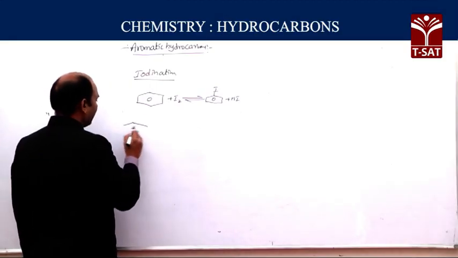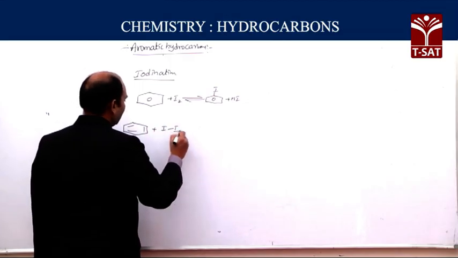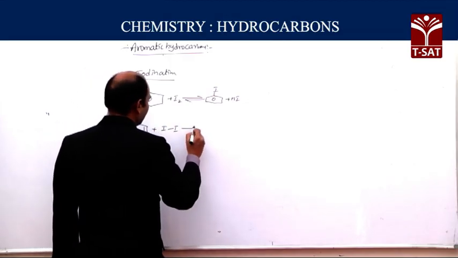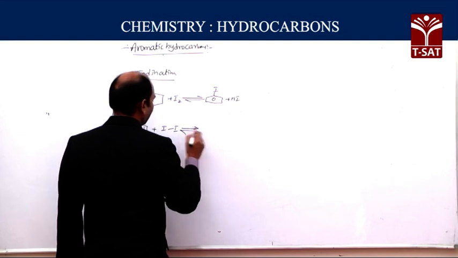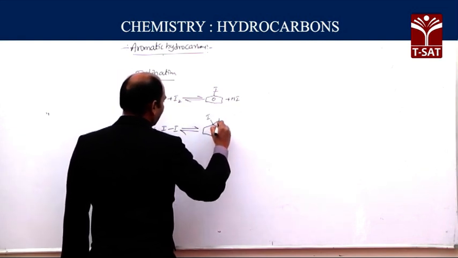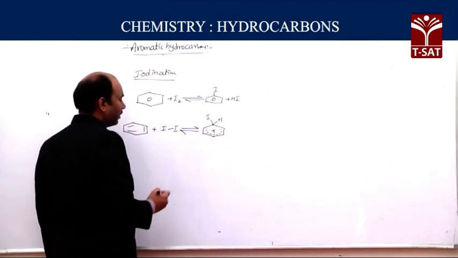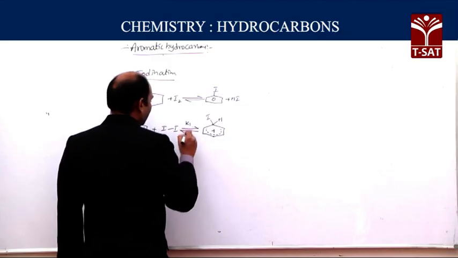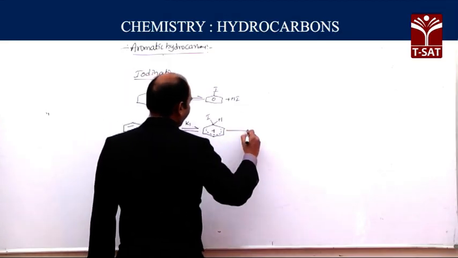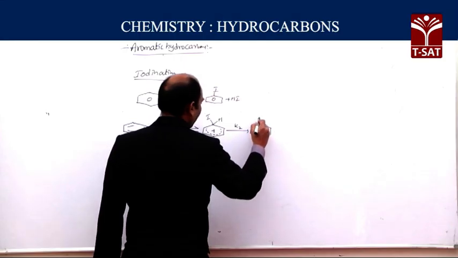If you observe the mechanism, with I2 here we get this structure. This is the arenium ion, this is iodine, this is H, and here is the positive charge. Let us consider this as K1, this as K minus 1, and this as K2, and then we get iodobenzene.